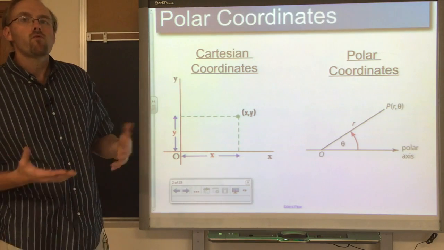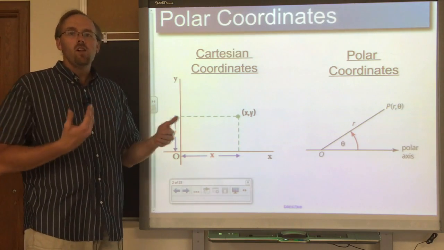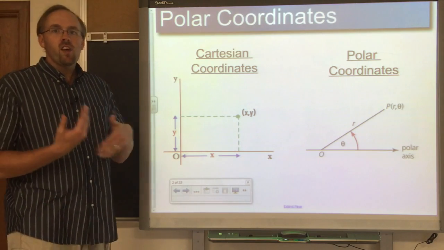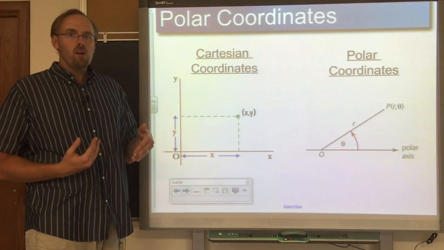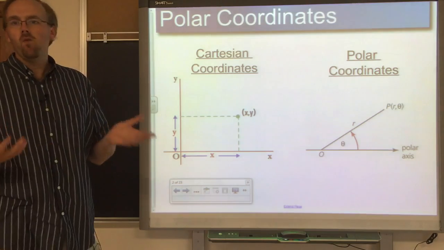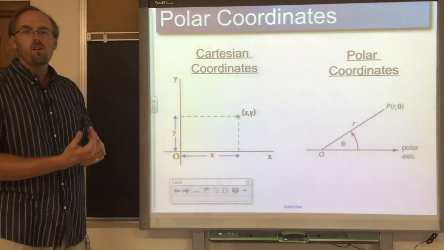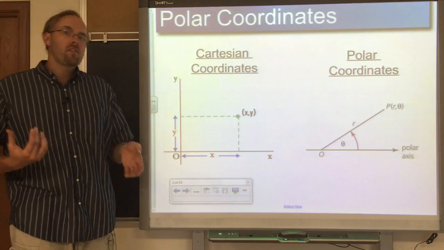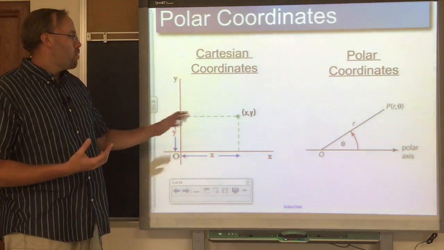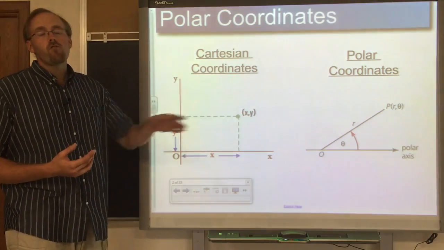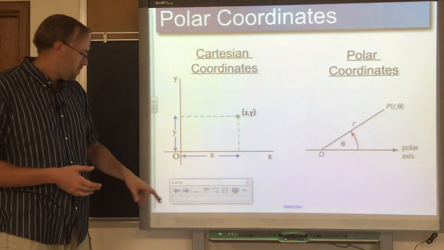Now oftentimes with polar coordinates you will see the angle and the r value interchanged. It doesn't really matter as much because usually you're able to tell what the angle is. So certain sources will put the r value first, other sources will put the theta first. That's not as important as changing the x and y values.